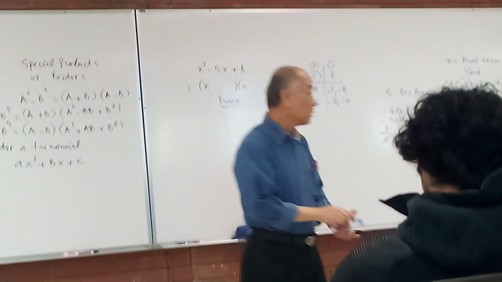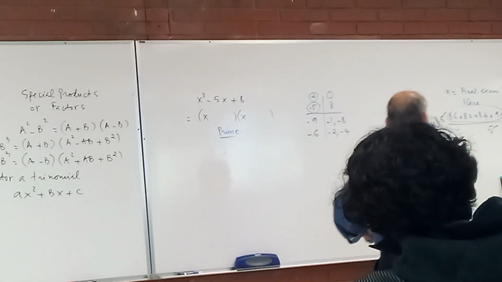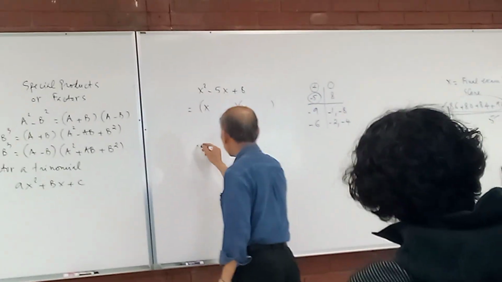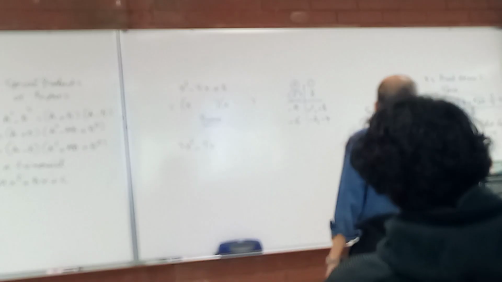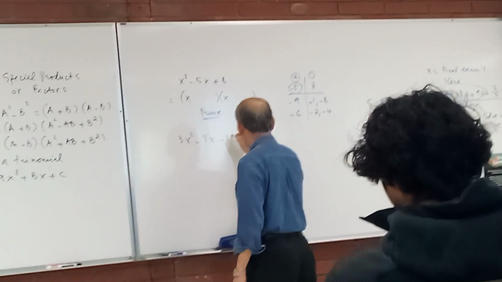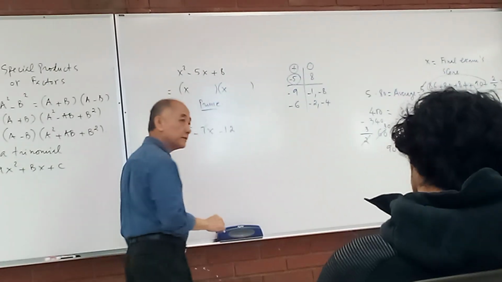That could be the conclusion. How about B? 3x squared minus 7x minus 12. So we do the same thing.